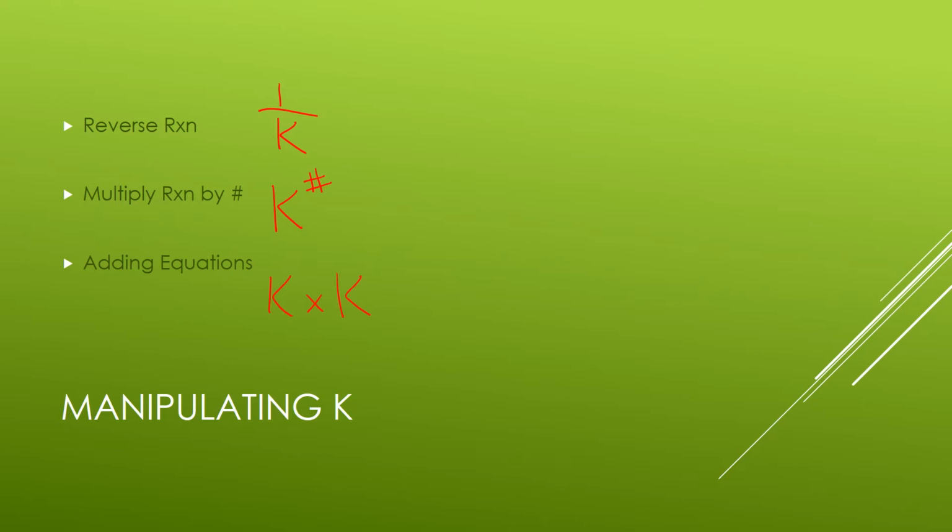So this is used if you have different reactions and K values. Say a third reaction and K. And you want to find the overall K for all of these reactions added together to make a goal equation. If I double this reaction at the top, I have to square that K value.